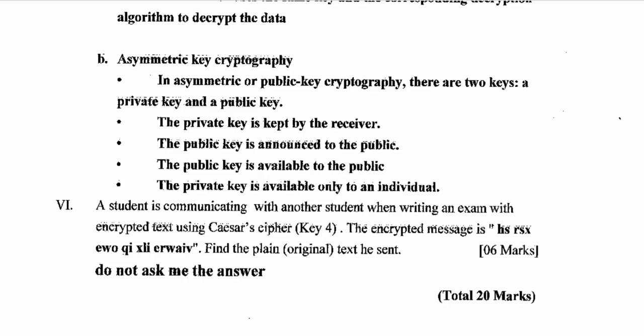Part 6. A student is communicating with another student while writing an exam with encrypted text using Caesar cipher key 4. The encrypted message is given like this, and what you have to do is find the plain text which he has sent. So here the key is given for the Caesar cipher.